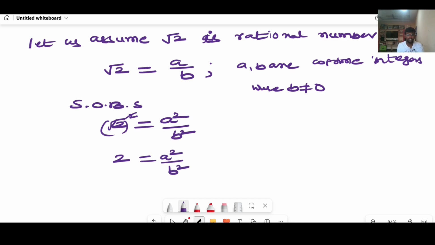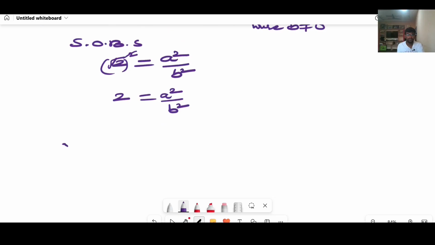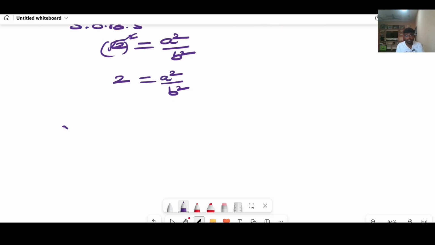Clear? And then here I can write, I will transpose this b square to this side and this 2 to this side, so 2 b square equal to a square.